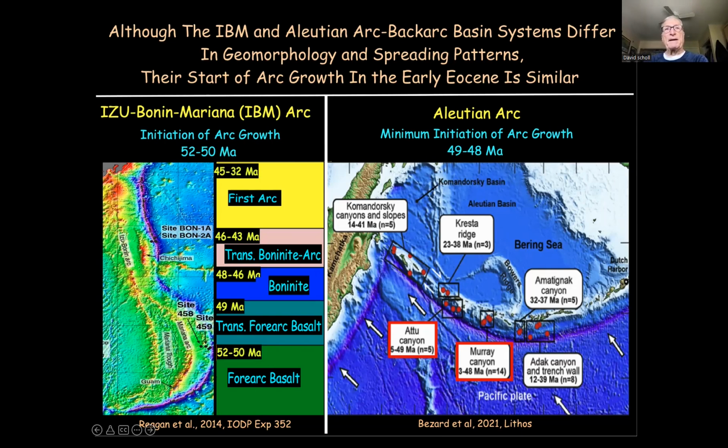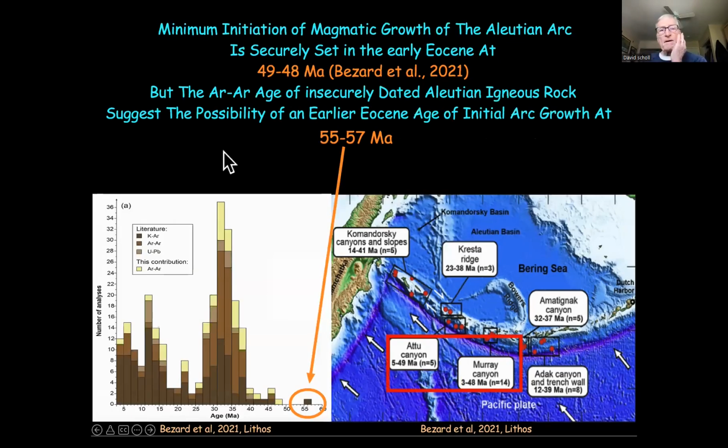With respect to that, here is a histogram of the distribution of ages for the Aleutian Ridge, all that have been dated. Busby published this just recently in Lithos. This is the major area of organized volcanic arc growth of the Aleutian Ridge, basically in the Oligocene and into the Middle Eocene. But some early dates out through here turned out around 55 or 57.